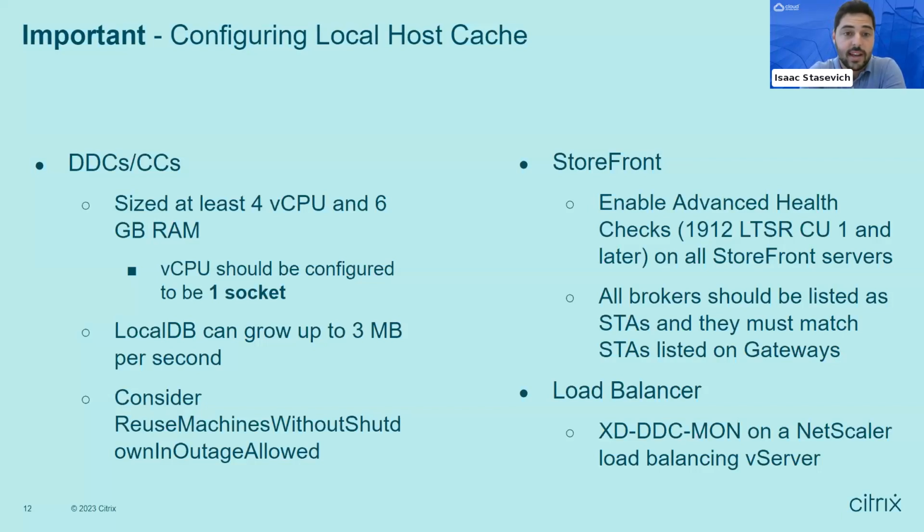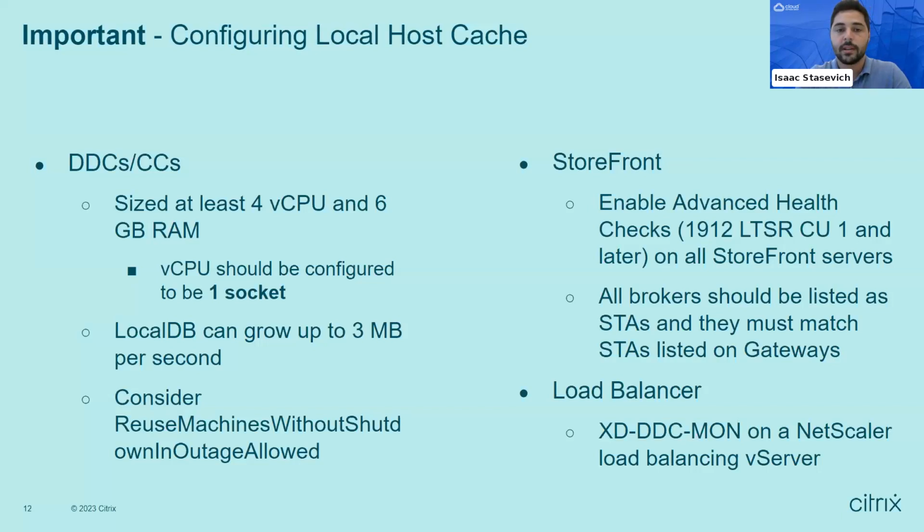On the StoreFront side of things, if you're doing DAS as of 1912 LTSR CU1 and later, we have something called advanced health checks, which allows us to put all of our cloud connectors in a single, not list of DDCs, but a single delivery controller within the StoreFront servers.